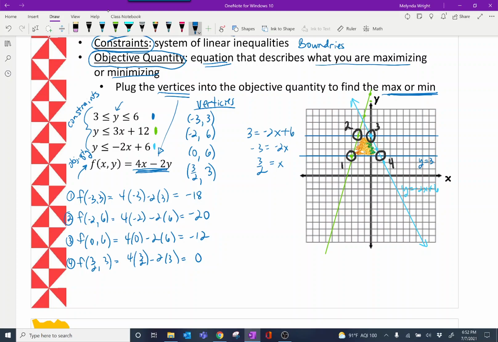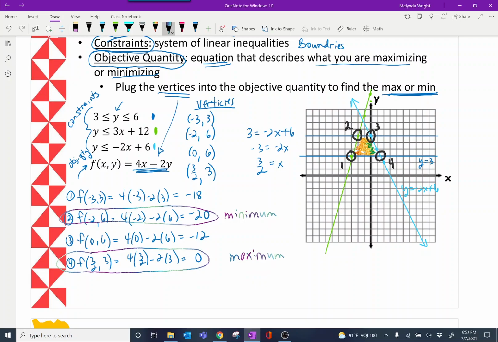They just wanted us to find max and min. So let's go back and circle. This one is our minimum value. So minimum. And this one generates our maximum value. Maximum.